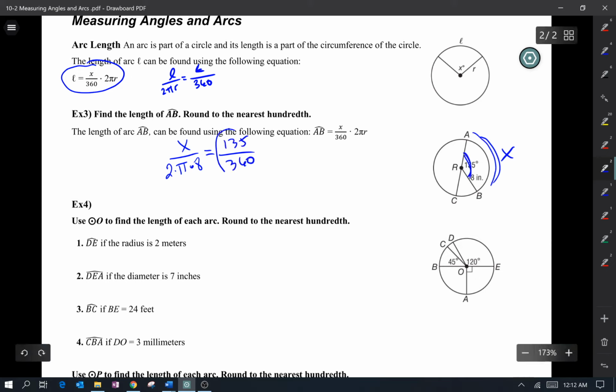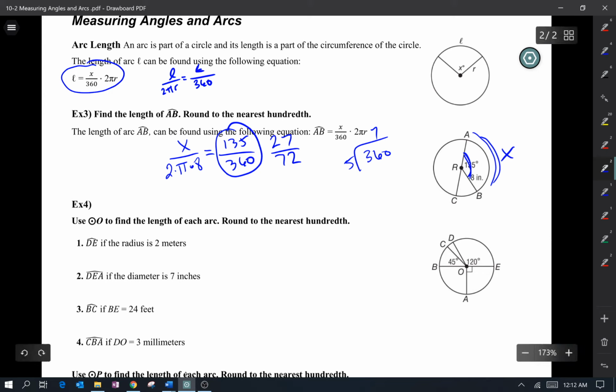I would always simplify this first. 135 over 360. I would divide them both by 5. What do I get? 27, I believe. So this is the same as 27 over, divide that by 5. 360 divided by 5, 72, right? 72. You could divide them both by 9.